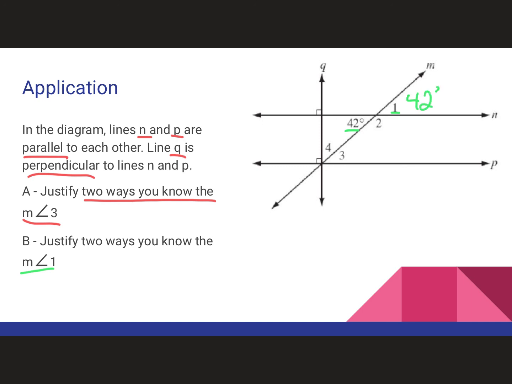Another way I know is that 42 and 2 are adjacent linear, which means that angle 2 must be 138. And angles 1 and 2 are adjacent linear angles. So if that's 138, then that must be 42. Okay, so we're getting the same number no matter what we do. It's just a matter of checking it.